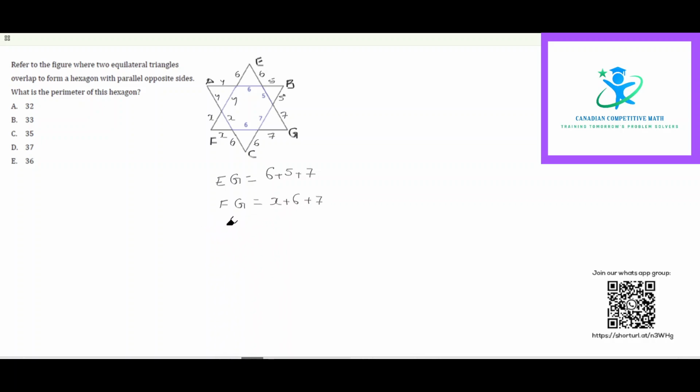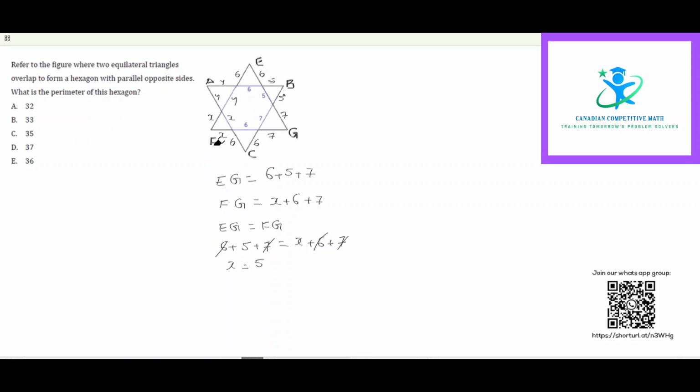So EG equals FG: 6 plus 5 plus 7 equals X plus 6 plus 7. We cross this off, X equals 5. So we know what X is.